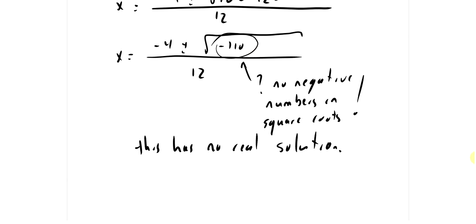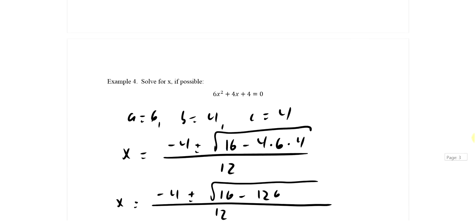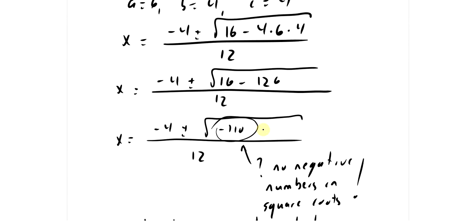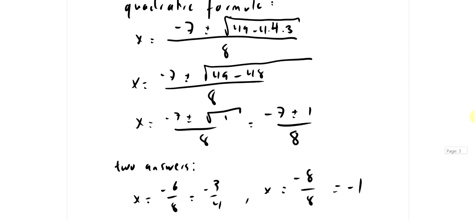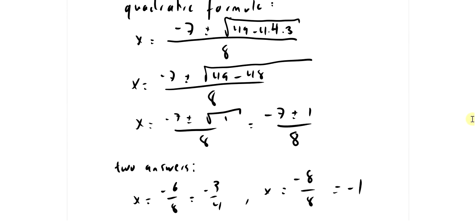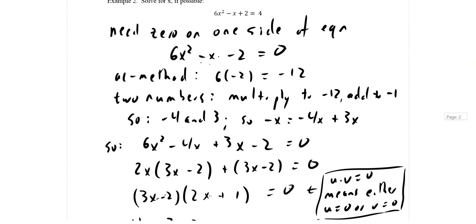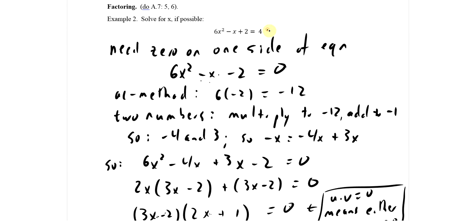And so that's a nice thing about the quadratic equation, is that it tells us whether or not it's possible to solve for x. For this one, it's not possible because you get a negative inside the square root. For this one, it is possible because we got a positive number inside the square root, so everything worked out. Factoring, right, doesn't tell you whether or not it can be factored.